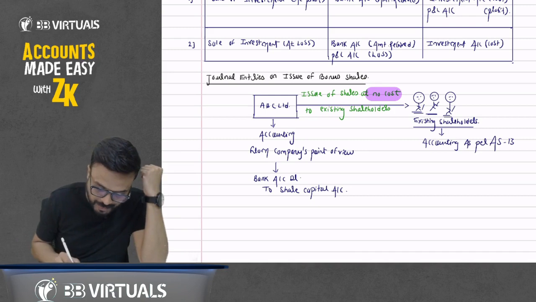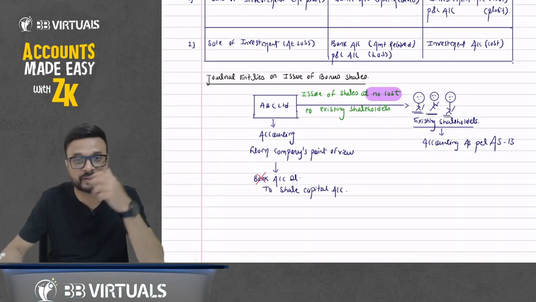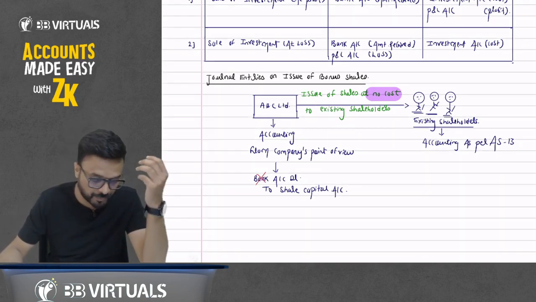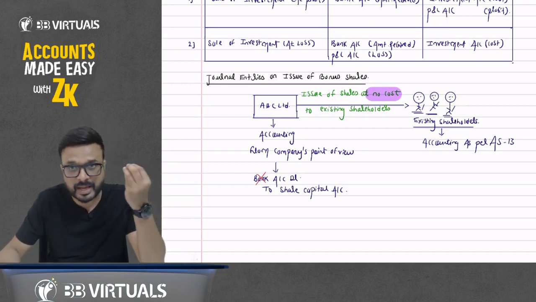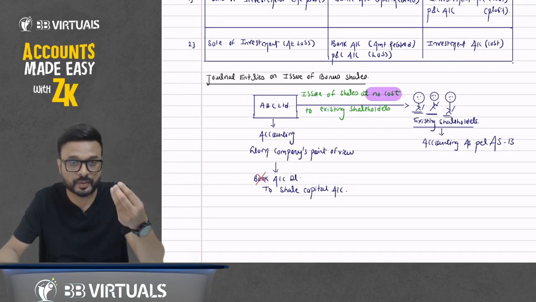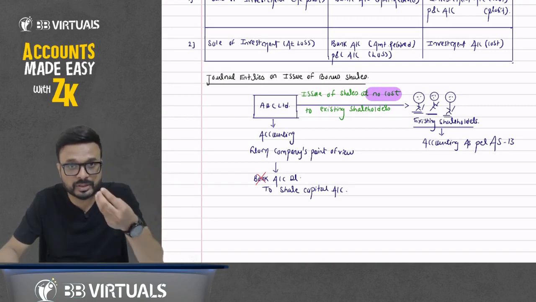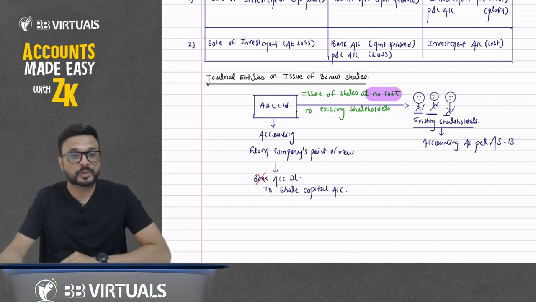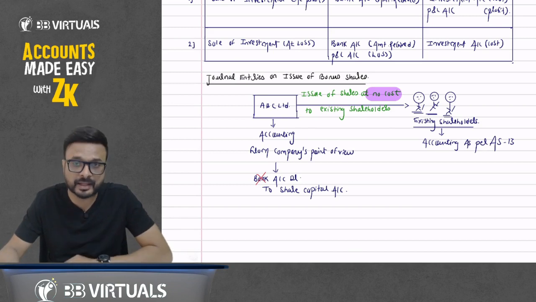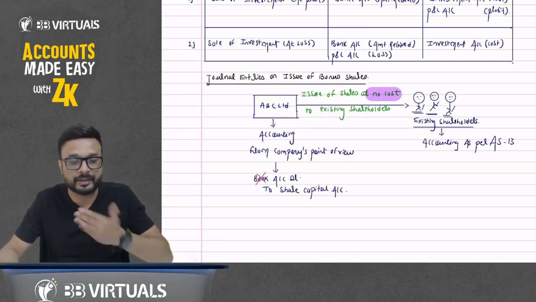We cannot say bank account debit. Why? Because the company is not receiving any amount from the existing shareholders, because they are issuing these shares free of cost. So the company cannot debit the bank account. They should debit some account, because we follow the double entry system.